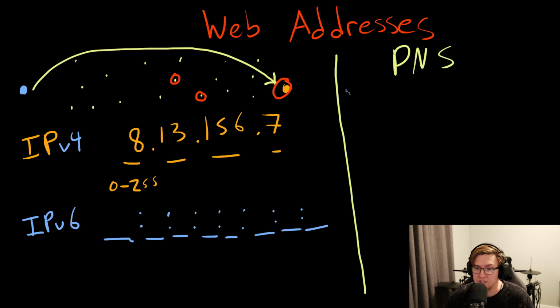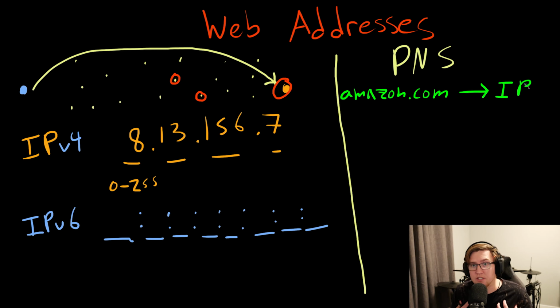And one of its main purposes is to map human readable, easily read names like Amazon.com to IP addresses. Okay, so now when I want to go to Amazon.com, I can type into my computer Amazon.com, and the domain name system is responsible for looking up the IP address that's associated with Amazon.com and giving it back to me so that I can make that request to the server that I'm looking to get to.